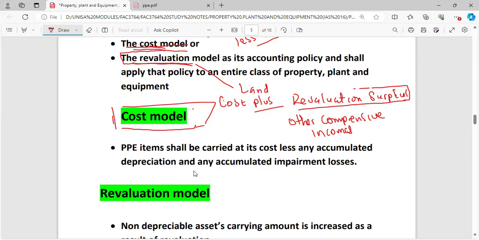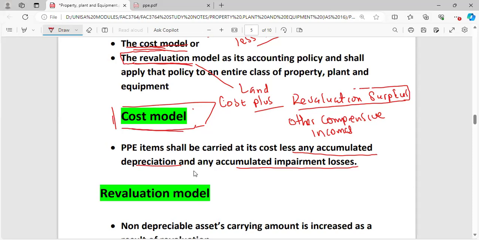Right, so let's look at the cost model. I think we've already talked about this. So most of your PPE assets, except land, you use the cost model. So in the cost model, it's going to be your cost less any accumulated depreciation. That is going to give you the carrying amount of the PPE asset.